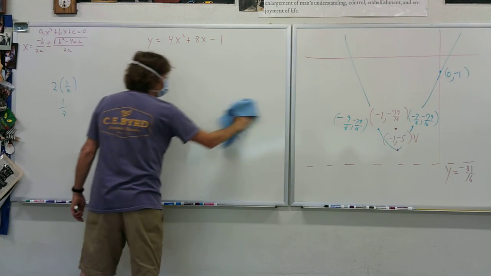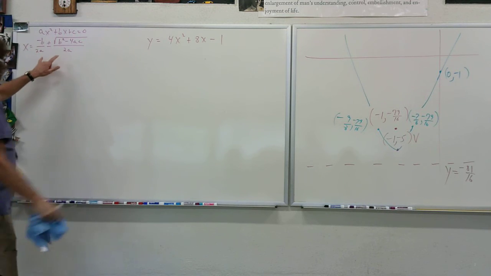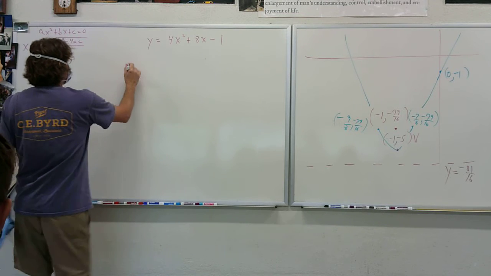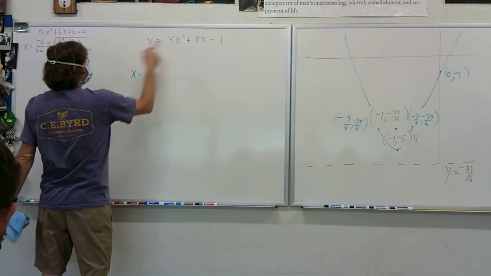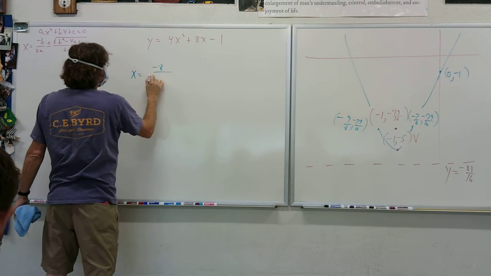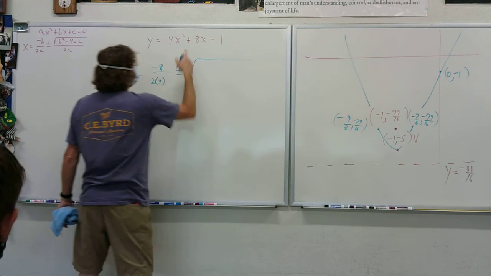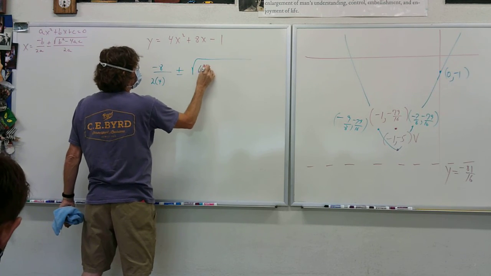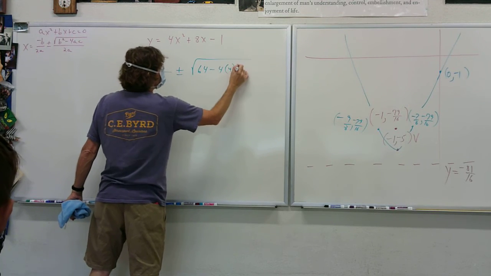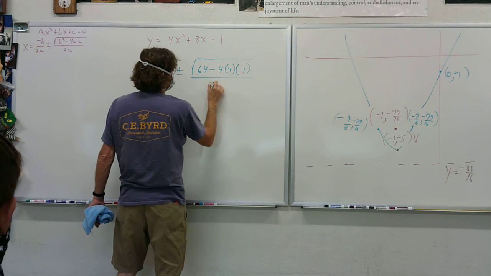Okay, here we go. I'm going to use my little formula like that. I just got to because it's so cool. Okay, x equals negative b, so negative 8 over 2 times 4, plus or minus the square root of b squared minus 4 times a times c, and then that's going to be over what? 2 times 4.